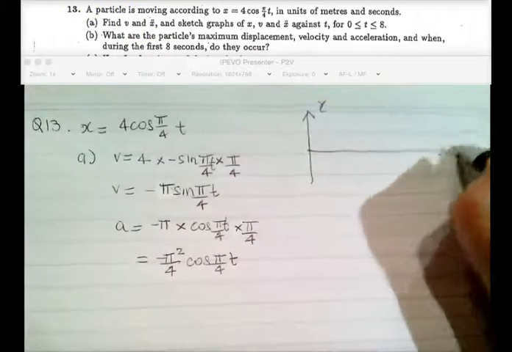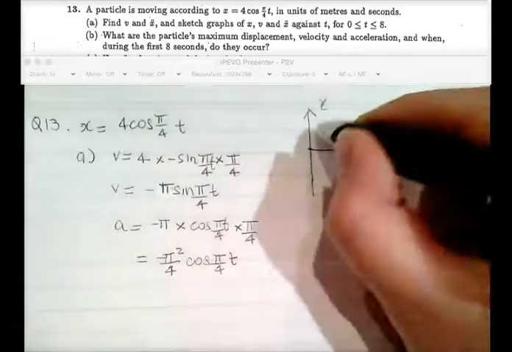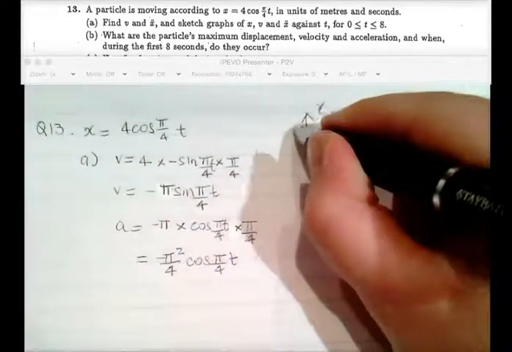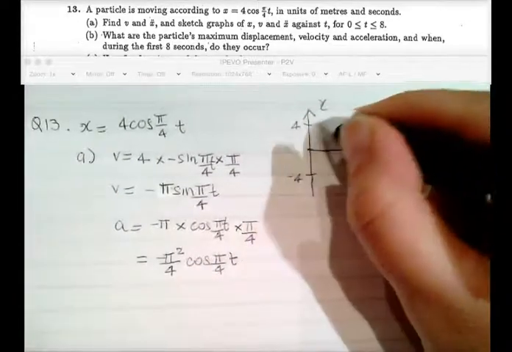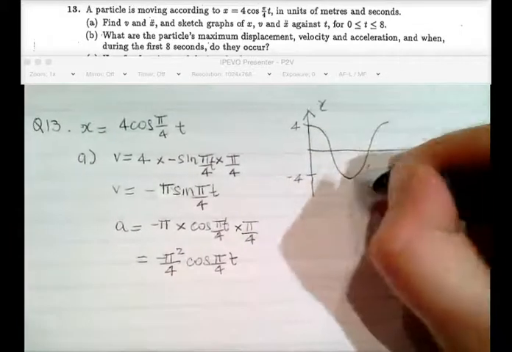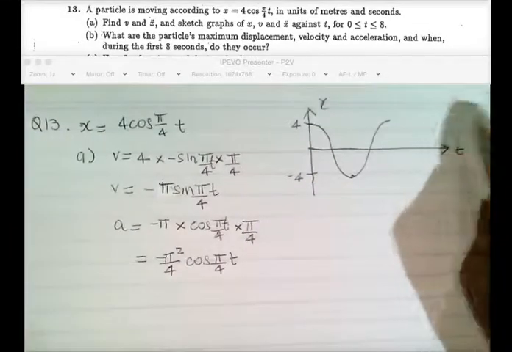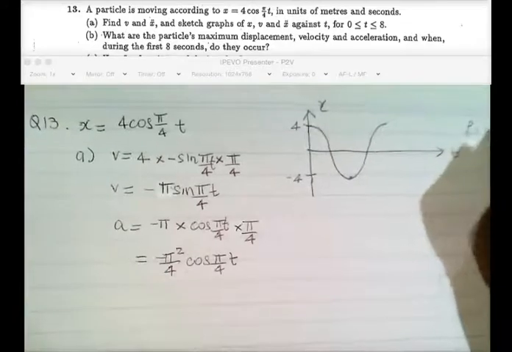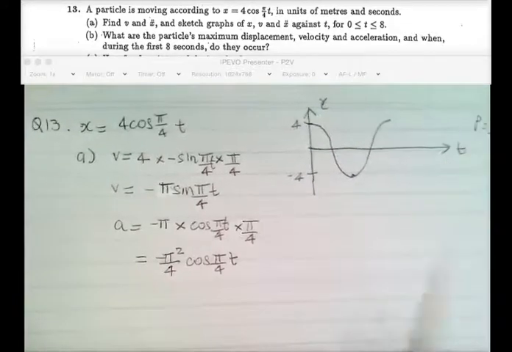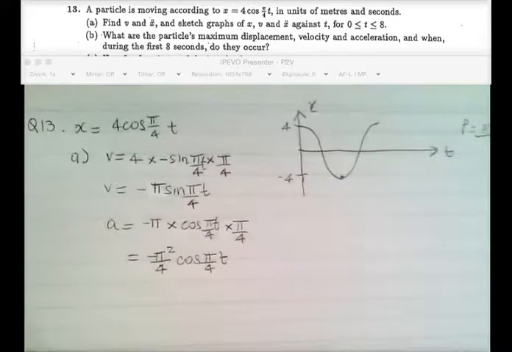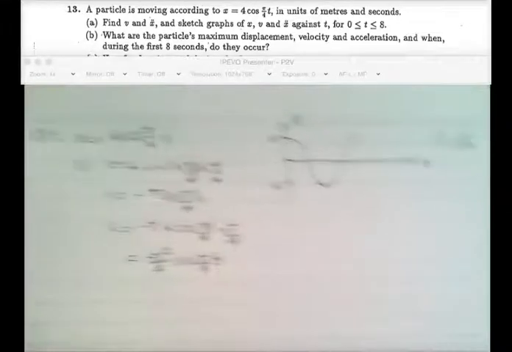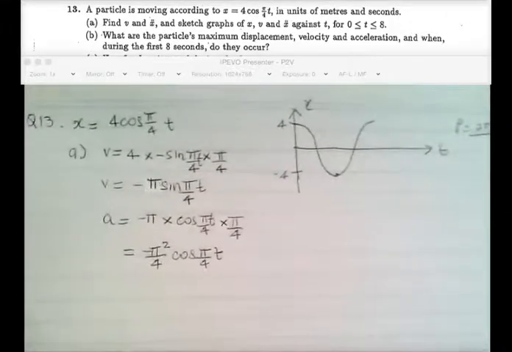Okay, firstly sketching the displacement. The amplitude of the curve is 4. It's a cos curve, so it looks like this. And the period is 2 pi divided by the coefficient of that t, which is pi on 4.